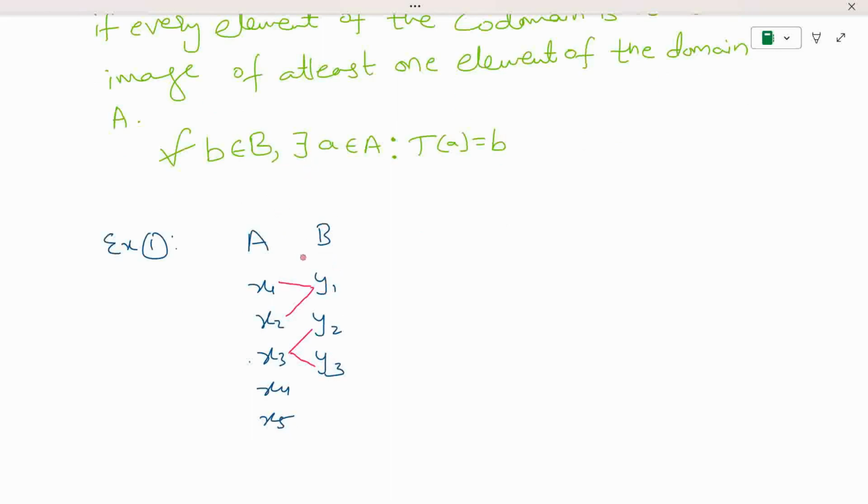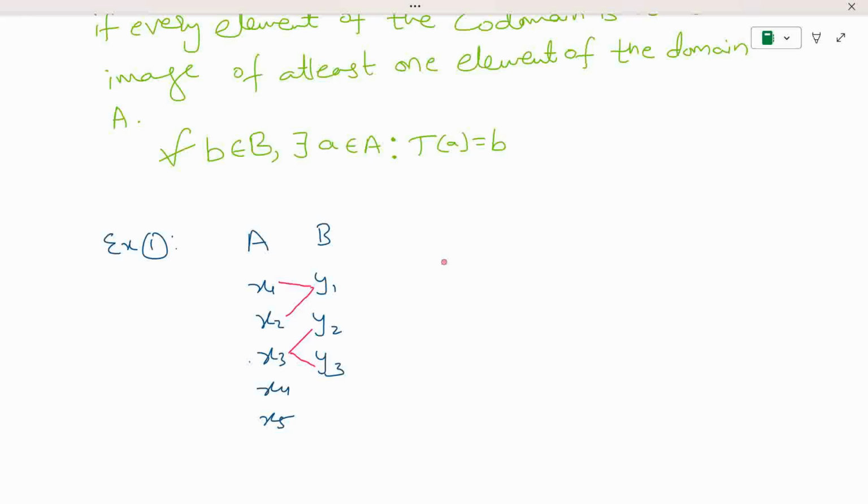For each element in set B, there exists an element in set A such that T of a equal to b.